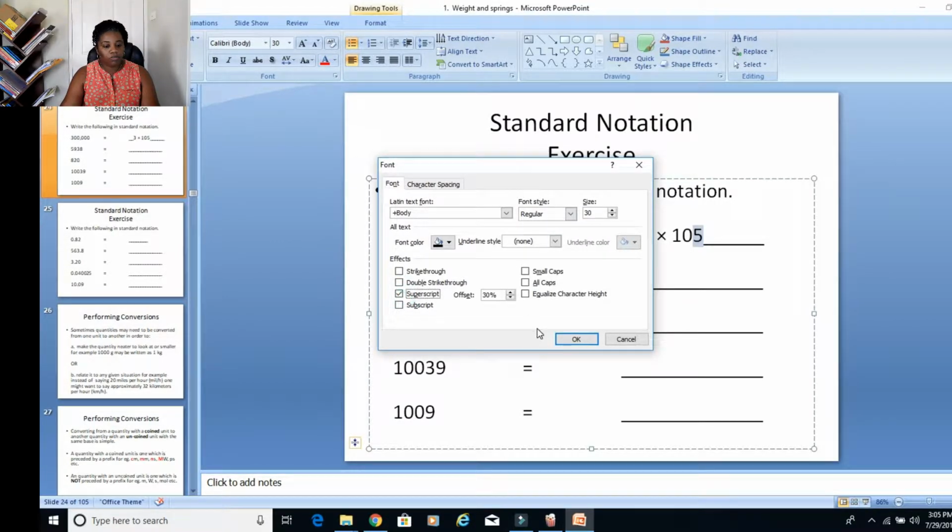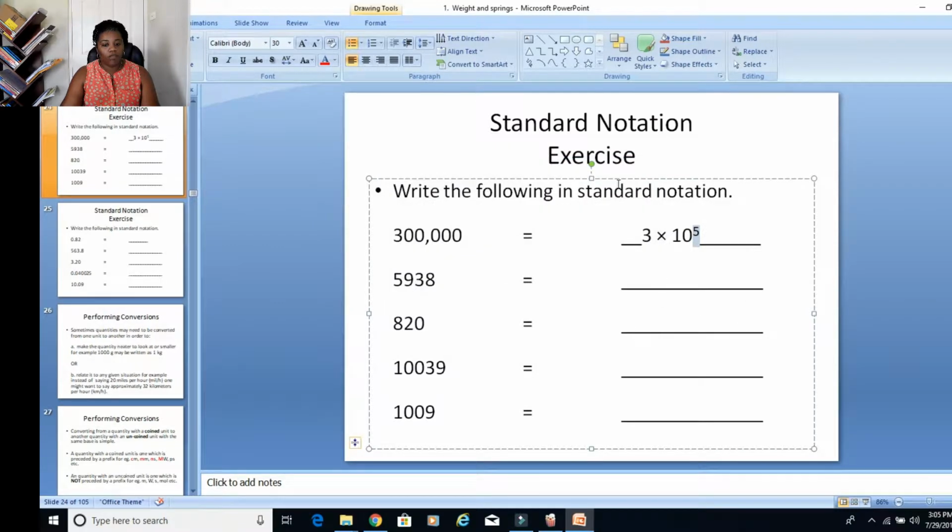Superscript. Alright. Now in this case, what do you think is going to happen? We're going to imagine the point is here, and to get one whole number, we have to move it all the way to the left here. So we go 1, 2, 3. So we have to move it 3 times. So in this case, we're going to end up with 5.9.